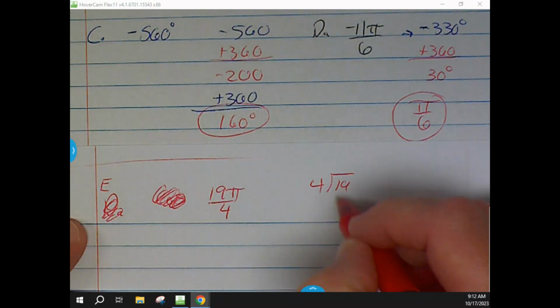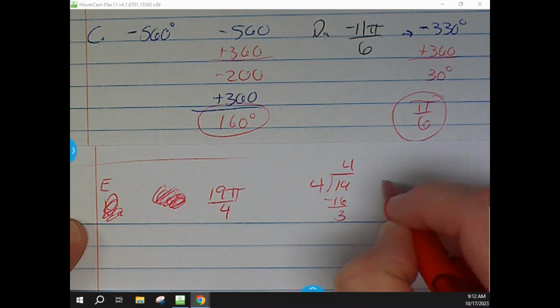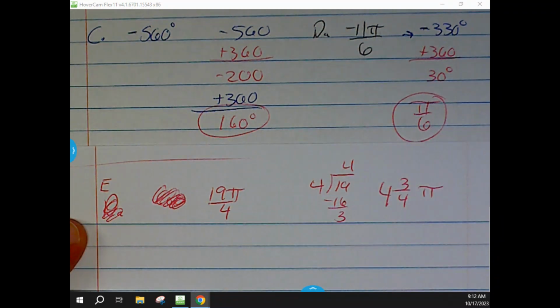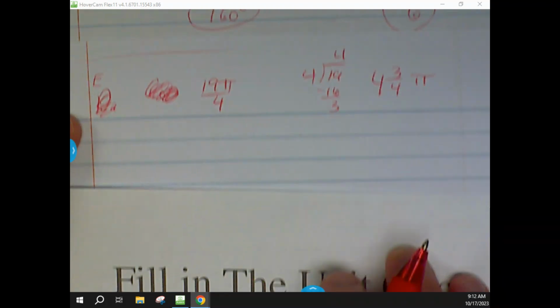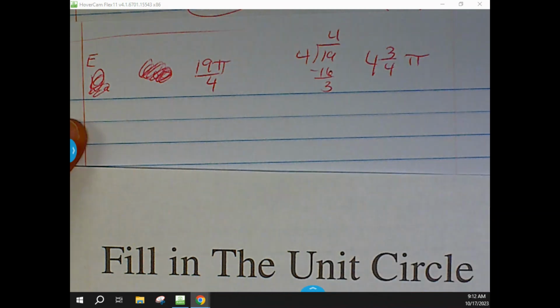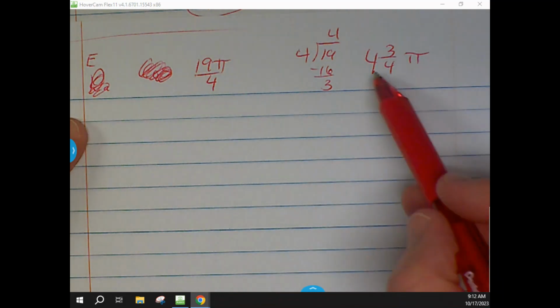If you divide 4 into 19, that's 4 with a remainder of 3, so that would be 4 3/4 pi. If they give you 19 pi over 4 and you're like, that's nowhere on the unit circle, okay, I agree. So we're going to change that back to 4 3/4 pi.